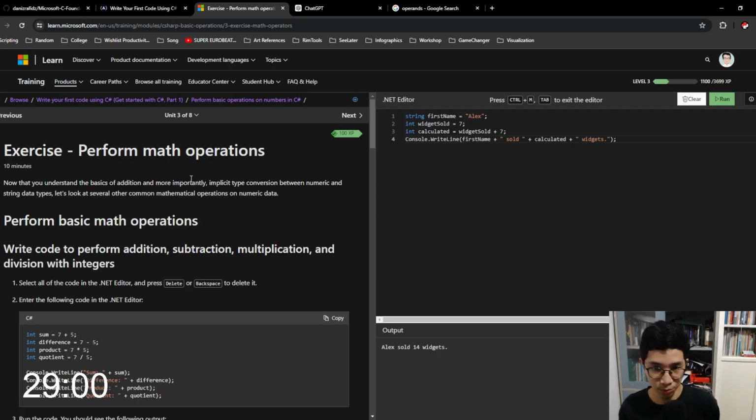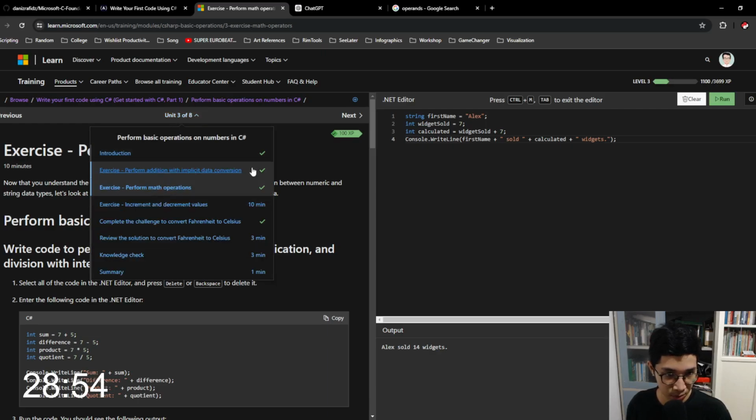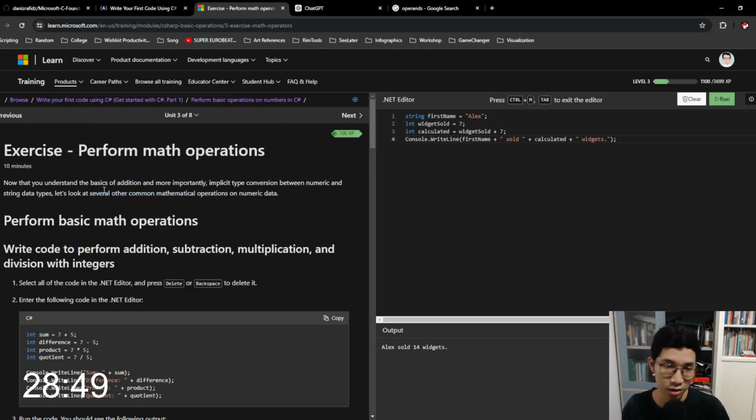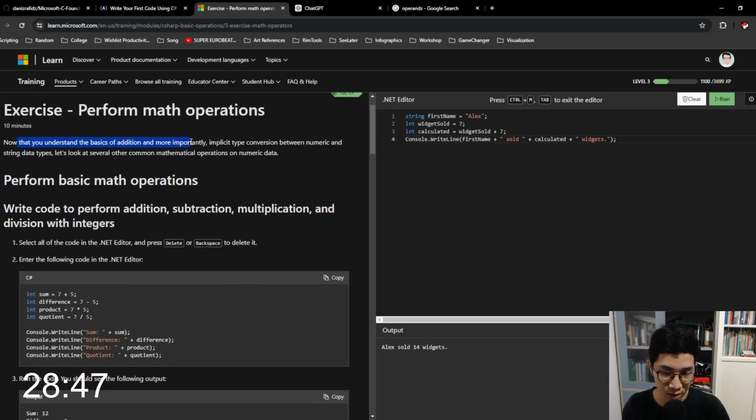Perform math operations. Didn't I just do the perform math operation as well? Addition is a math operation. Oh, I think this one is other than addition. Now that you understand the basics of addition and, more importantly, implicit type conversion between numeric and string data types, let's look at several other common mathematical operations on numeric data.